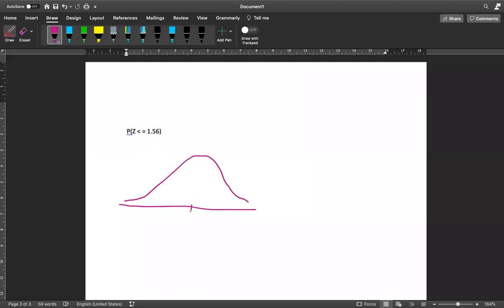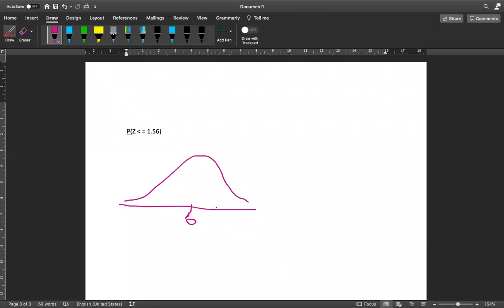I know that it's a standard normal distribution, so zero is in the middle. Where would the 1.56 lie? You said it's less than or equal to 1.56. At the right side, please.